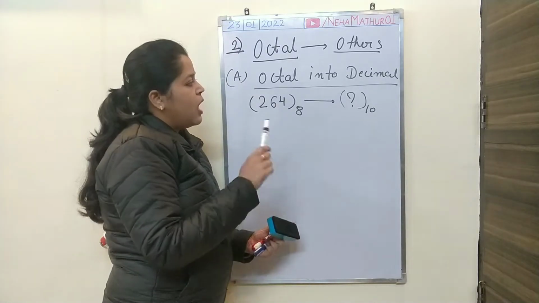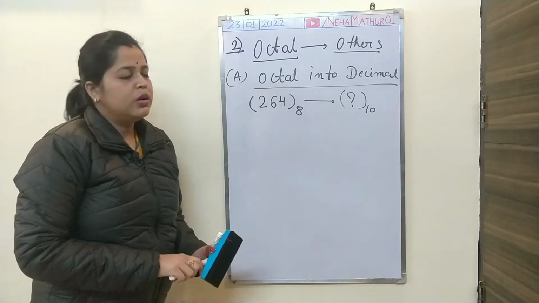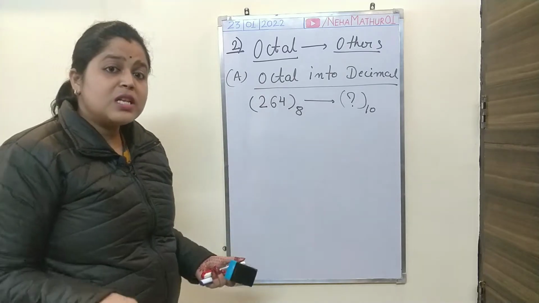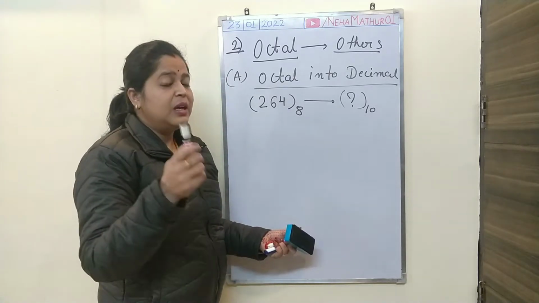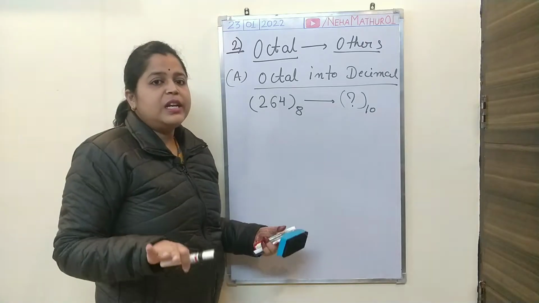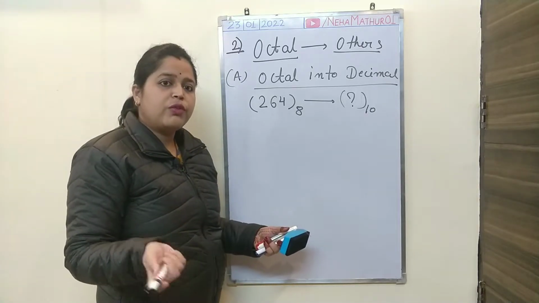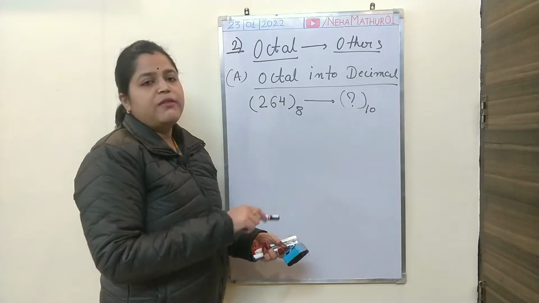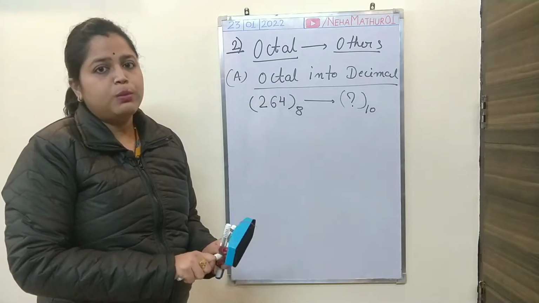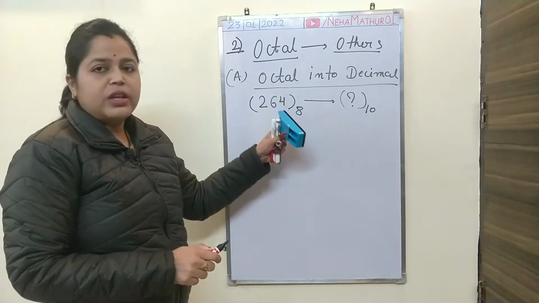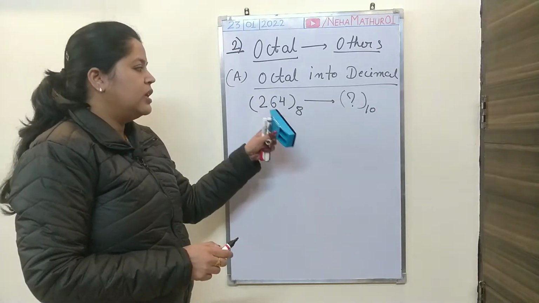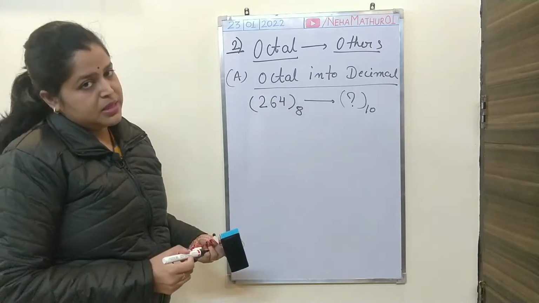Now the next is how we can convert that number into decimal. See, the process is going to be the same as binary to decimal. Instead of taking 2 as a multiplier, here we have to take 8 as a multiplier to multiply each digit of a given number so that we can convert that number into the decimal number system.